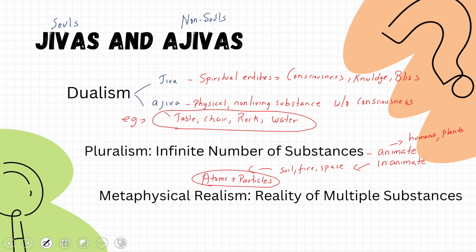Now at the same time Jainism holds that different substances, however distinct they may be to one another, exist independently.